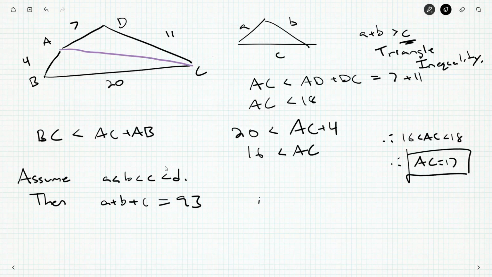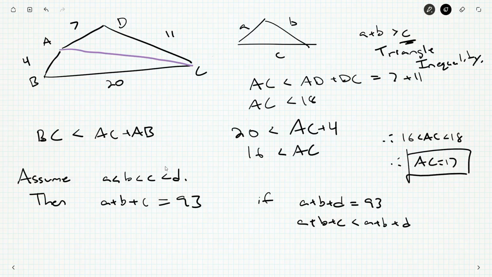Why? Well, if A plus B plus D were 93, for example, A plus B plus C is less than A plus B plus D, because C is less than D.